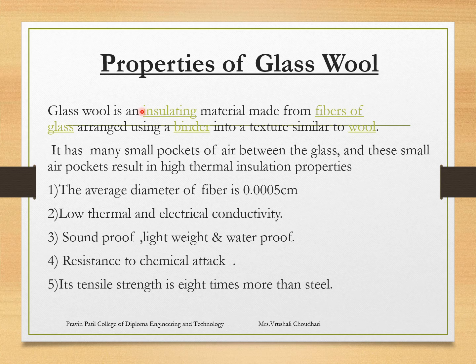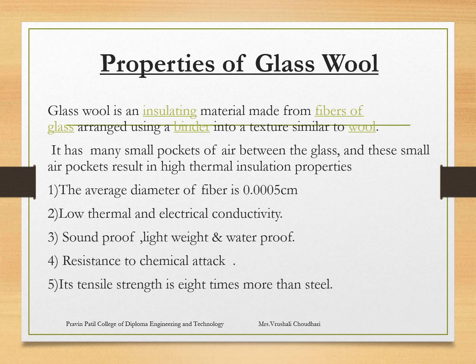Main property is the average diameter of fiber is 0.0005 centimeter. Whatever sieve we are using for making the fiber has a diameter of 0.0005 centimeter.